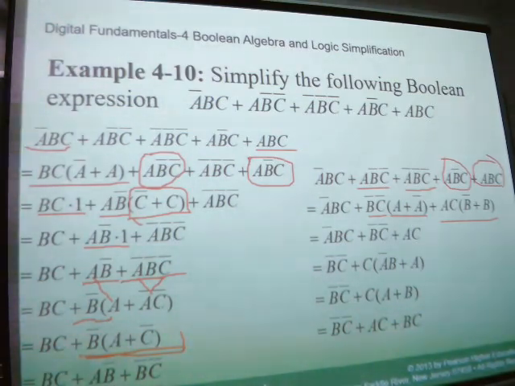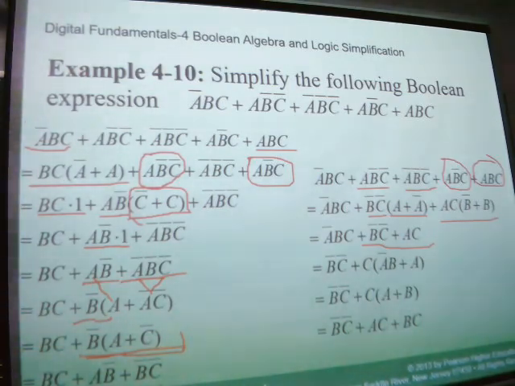So we know that A plus A bar equals 1, and B bar plus B equals 1. So it can be written as B bar C bar plus AC.